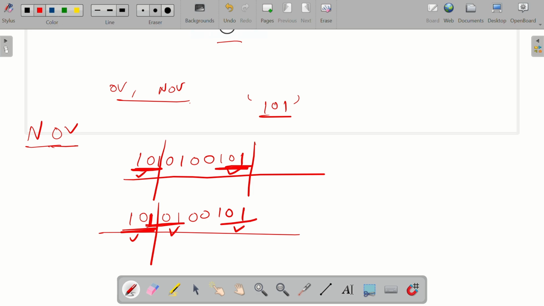You have to be very careful in case of overlapping because you can make use of the last bit of the previous sequence as the first bit of your next sequence. So in case of overlapping, we have more detections as compared to the non-overlapping case. Now we will start with sequence detection FSMs for both these non-overlapping and overlapping cases, and we'll look at the Mealy and Moore type FSMs in both these.